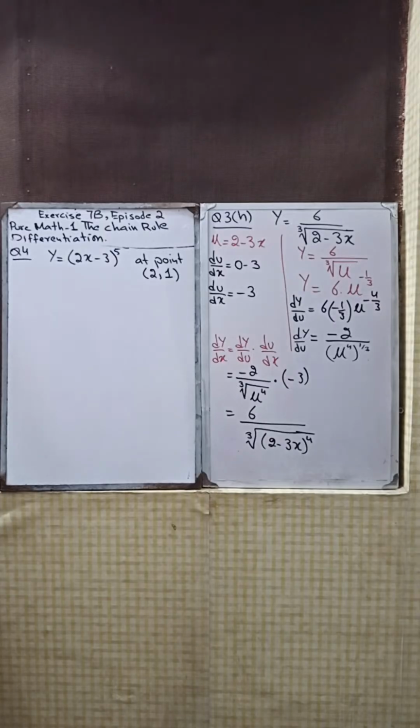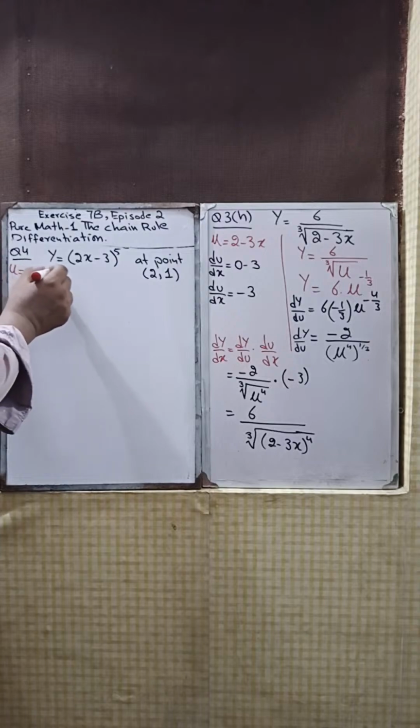If you want to find the gradient at a certain point, what you will do is differentiate the equation of the curve. We're going to use the chain rule. So we will suppose that u equals 2x minus 3.